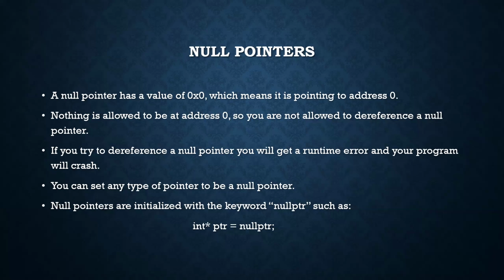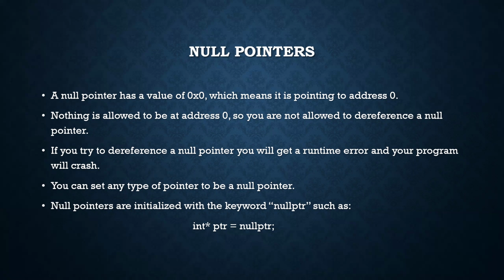So the last topic I want to cover is null pointers. A null pointer has a value of 0, which means that it's pointing at the address of 0. And since nothing is actually allowed to be at address 0, you're not actually allowed to dereference a null pointer. If you try to dereference a null pointer, you're going to get a runtime error and your program will crash.